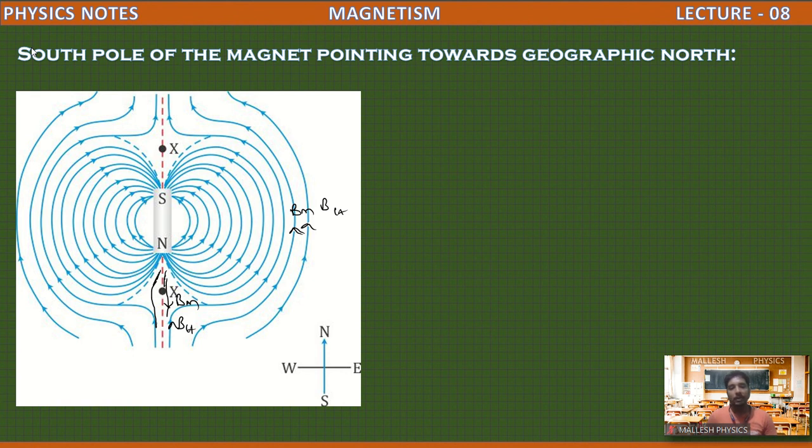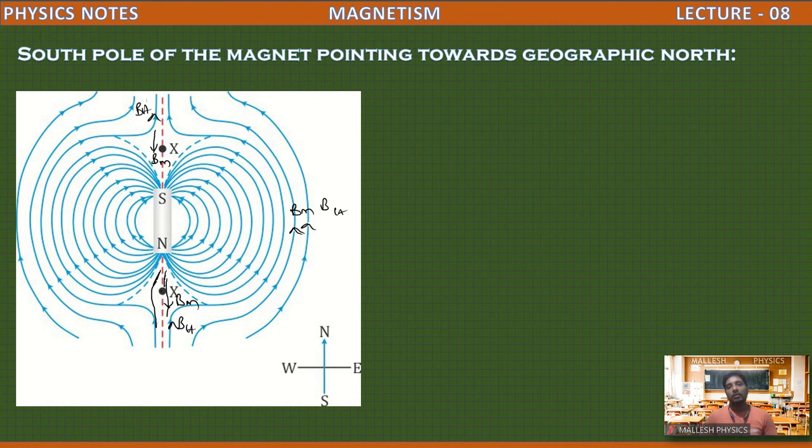So both are acting in opposite direction. That's why at this point, at X, the null point will be found. The same way upward: the Earth's horizontal component field acts upward, and the field due to this bar magnet acts downward. This is our BM, and this is BH. Both are acting in opposite direction, so again at this point the net magnetic field becomes 0. So that point is the null point. I hope you understood.